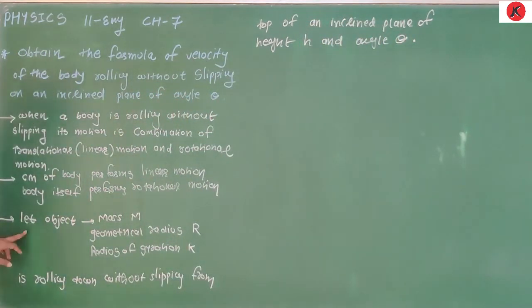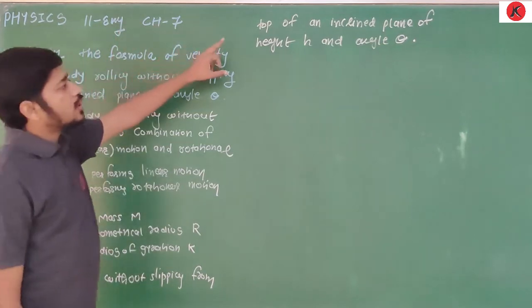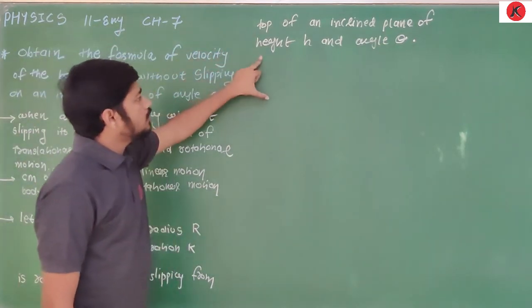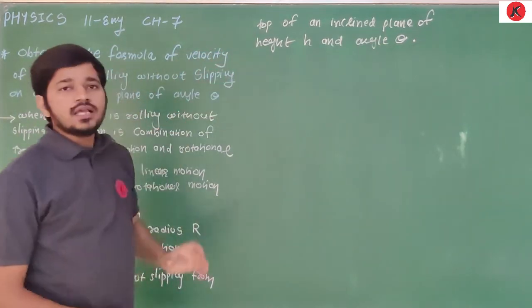So again, one object having mass m, geometrical radius capital R, radius of gyration k, is rolling down without slipping from the top of an inclined plane of height h and angle theta.